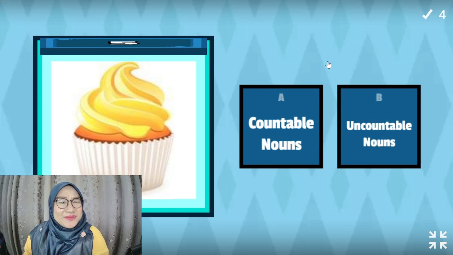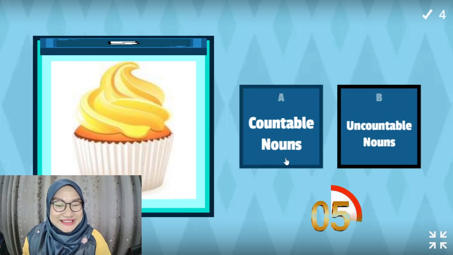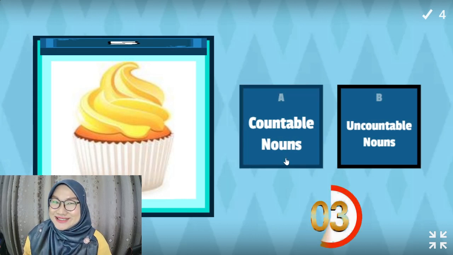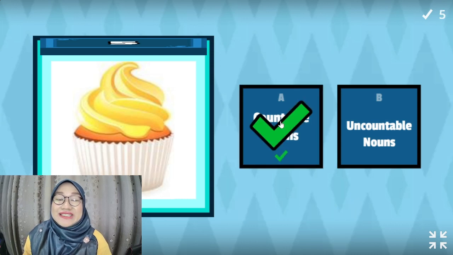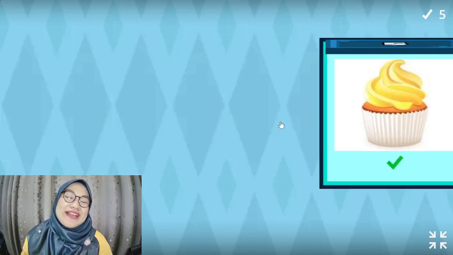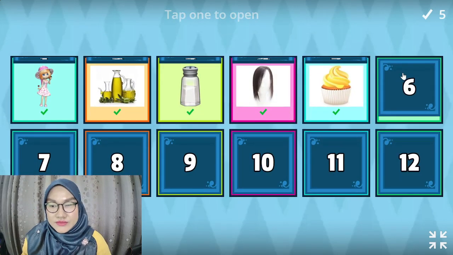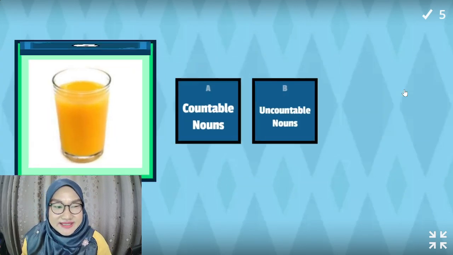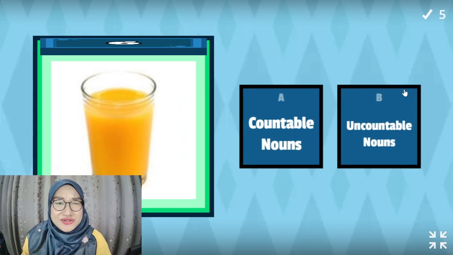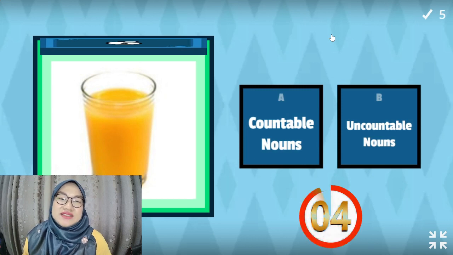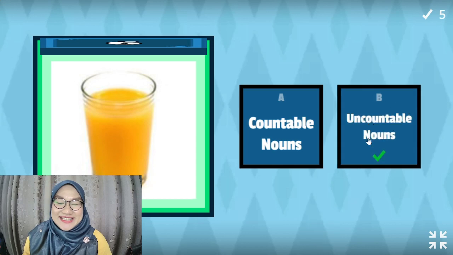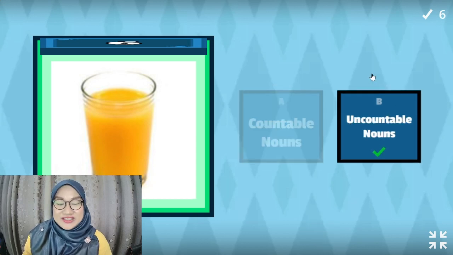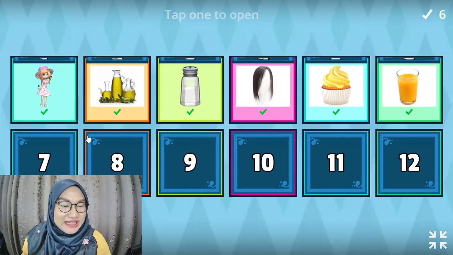Number 5. Cupcakes. Countable or uncountable? If you say countable, then bravo, that is correct. Now let's look at number 6. Orange juice. Juice, can you count juice? Yes, it's uncountable. Good job. Number 7.